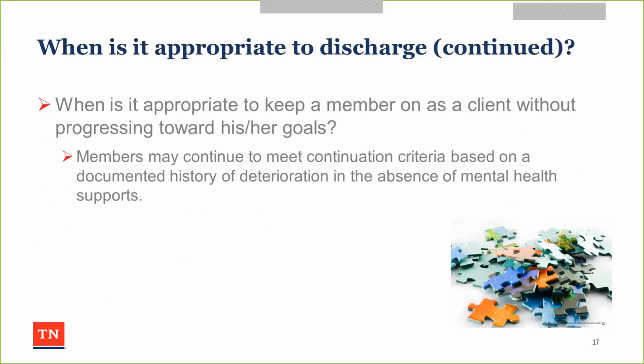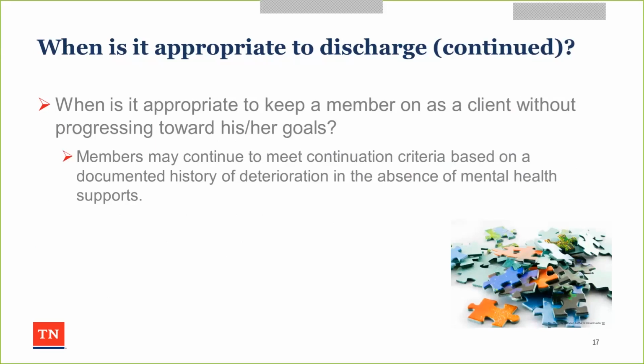There are some allowances made in the level of care guidelines that the member can continue to receive the service if they're not progressing toward their goals, if they're essentially at a baseline, but whenever THL attempted to discharge, the member deteriorated. The member ended up back in the hospital, had a relapse, had something of that nature. And so, there's some opportunity there.